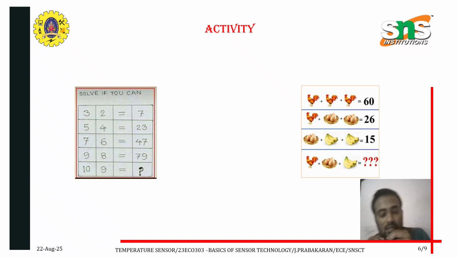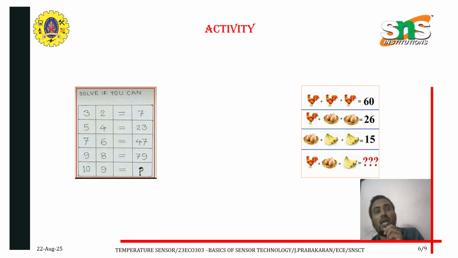And we will let you do one small activity. The value of 3 hens is 60, and the value of 1 hen plus 2 plates of eggs is equal to 26, and then one plate of egg plus two bunches of bananas is equal to 15.